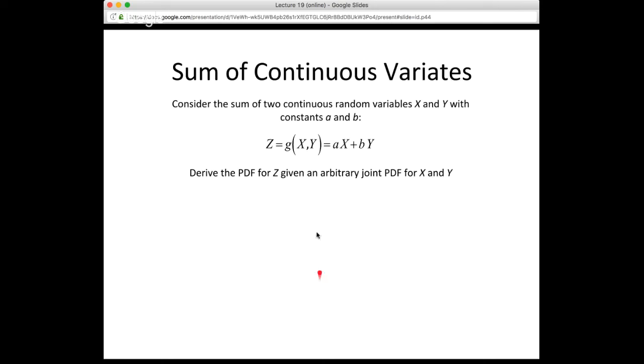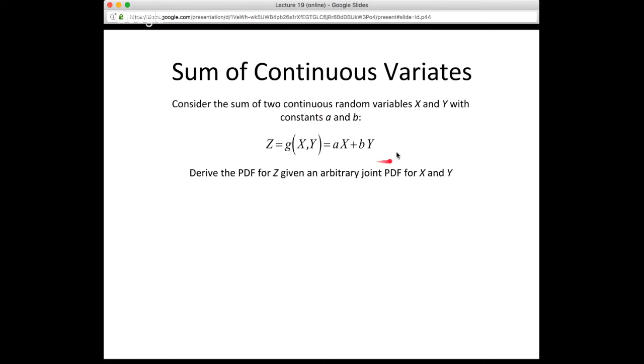Okay, so let's do an example, maybe make this a little bit more concrete. Remember, for the discrete random variable case, the first formula we looked at was the sum of 2 independent random variables. So we're going to do the same thing here. We're going to look at the function g being the sum of 2 continuous random variables x and y, and we're also going to add in constants a and b.